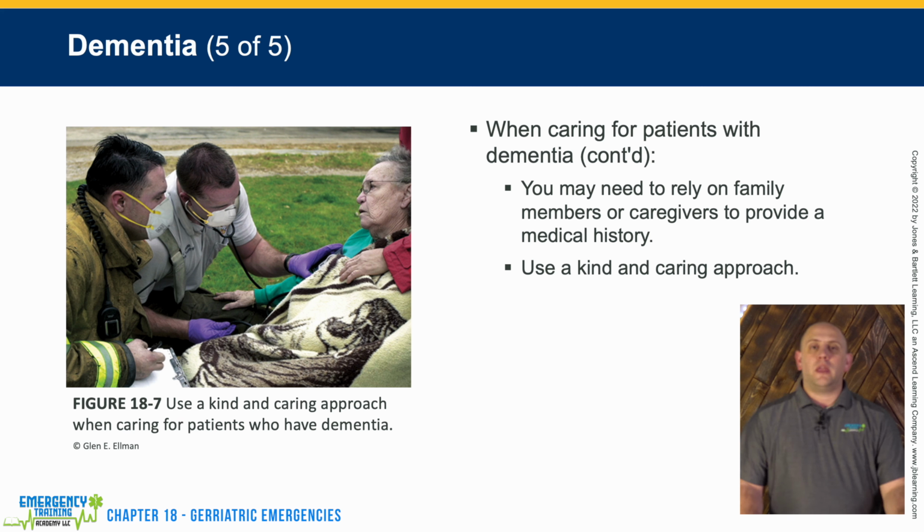As we are communicating with these dementia or Alzheimer's patients, we want to give them the ability to answer questions and communicate with us, but it might become necessary for us to rely on family members or other caregivers to provide us with medical history so that we can get a full understanding of what's going on with the patient.